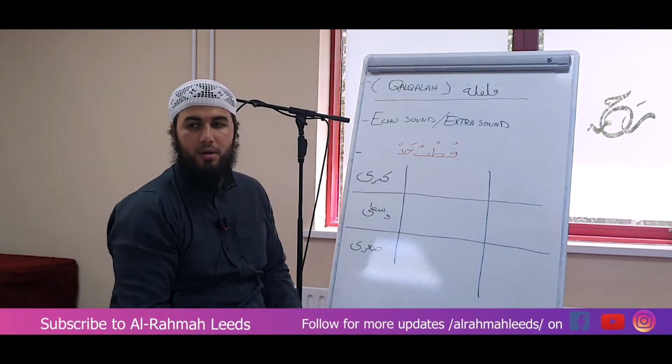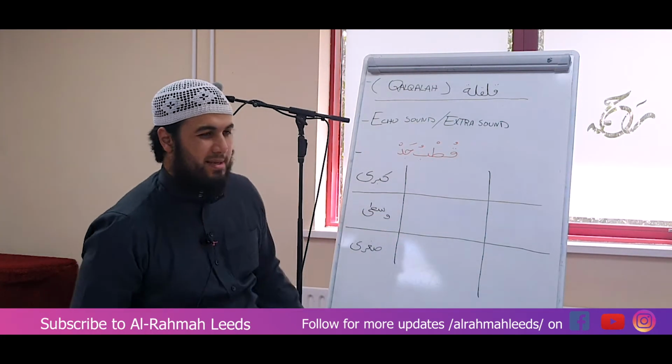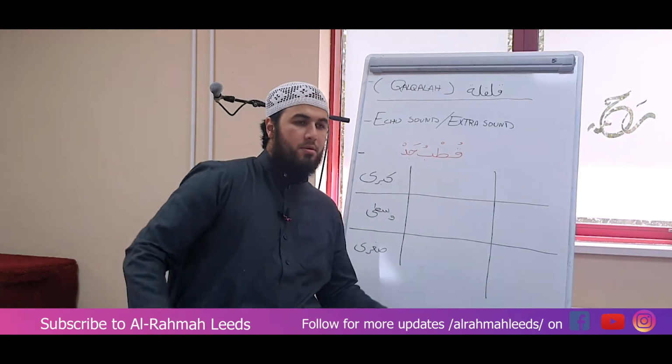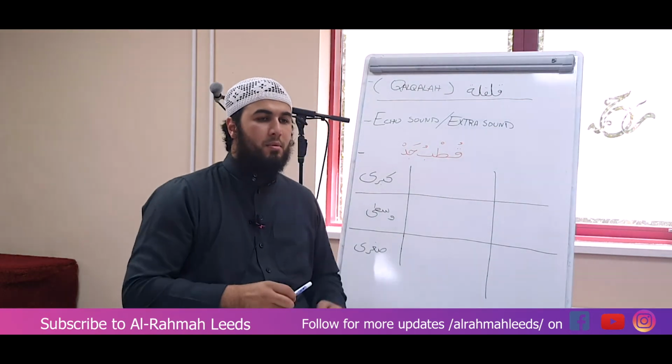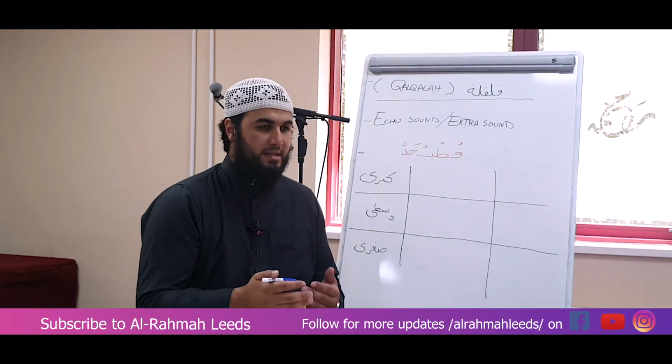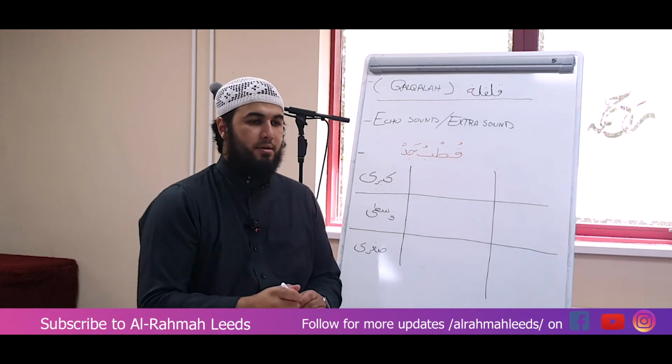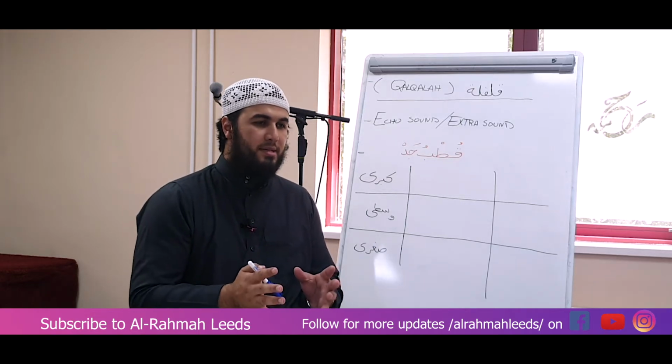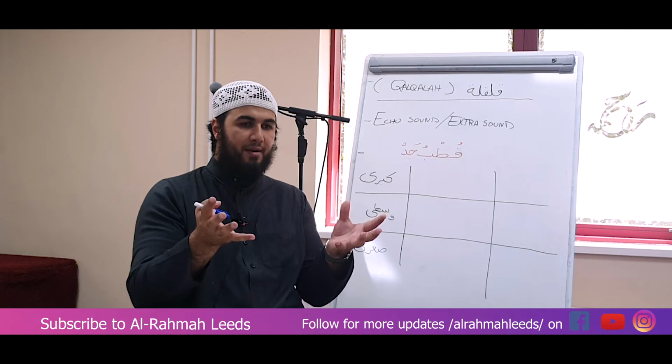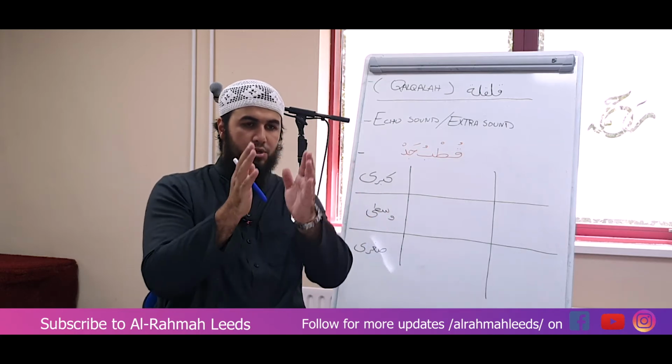Right, Kubra, just to make it simple and not long, we don't want extra explanations when it's just simple to give an example and say how it's done. We already know what qalqala is. The main picture we have is 5 letters, stop on them.